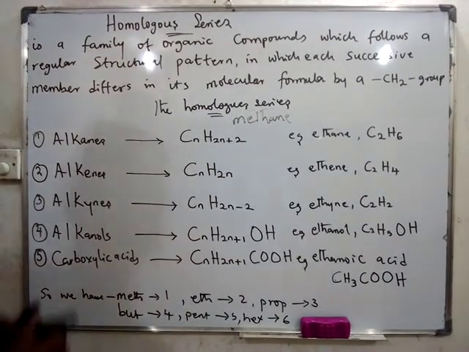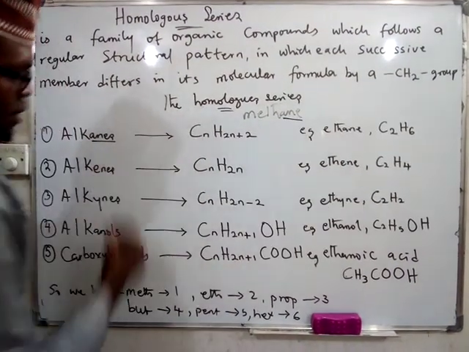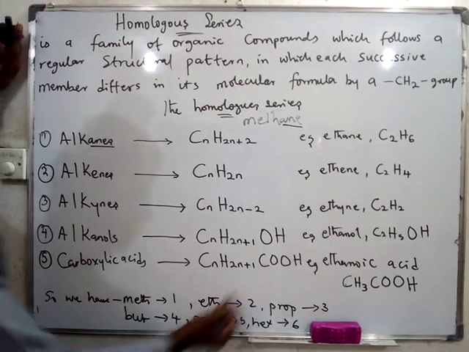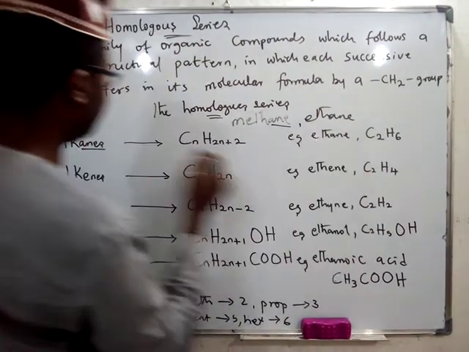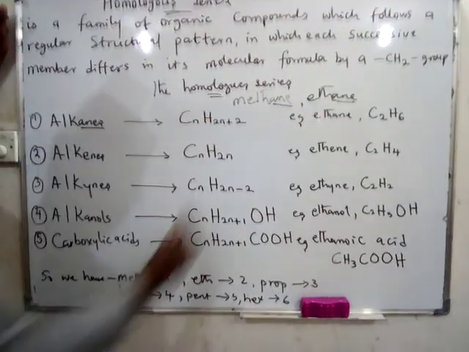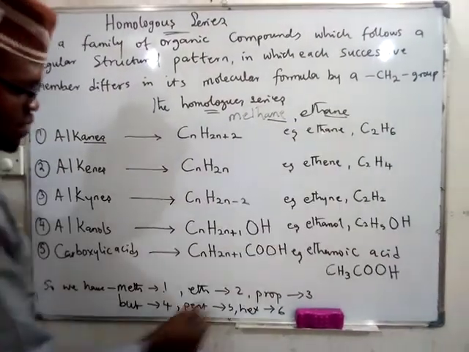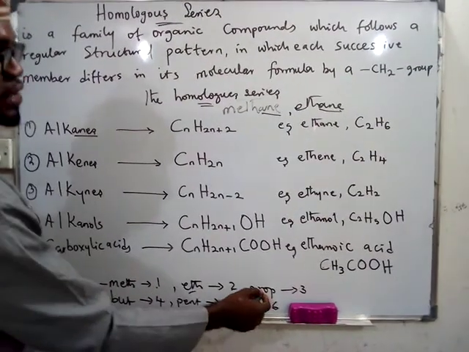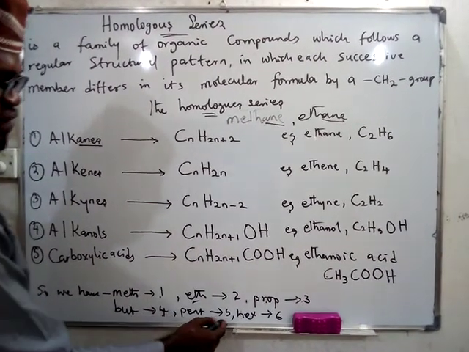You can see this name is coming here, is it not? So the second member is ethane. You can see this same thing is also here. Methane is for one carbon atom. Ethane is for 2, propane is for 3, butane is for 4, pentane is for 5.